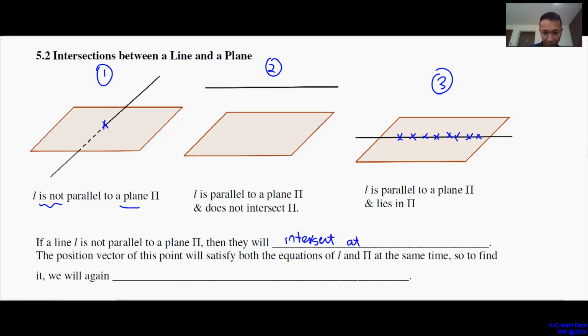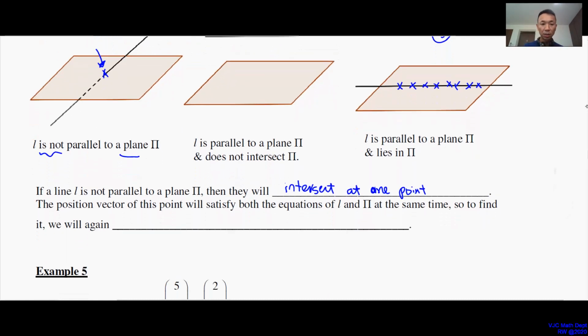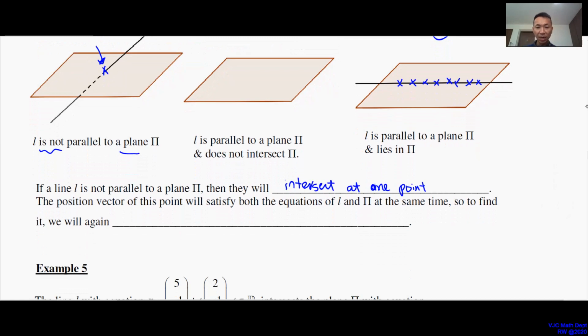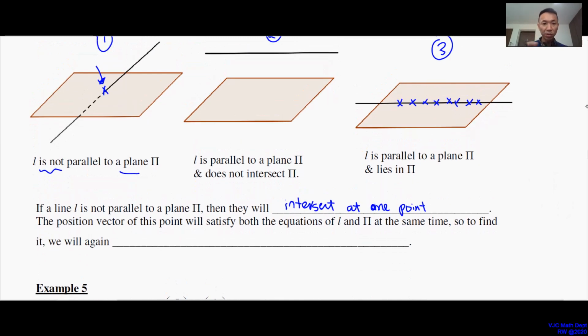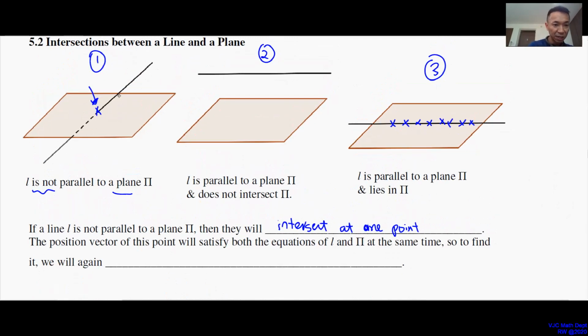intersect at one point. Right? This is the point. And the position vector of this point will satisfy both the line, because this special point lies on the line as well as lies on this plane itself.